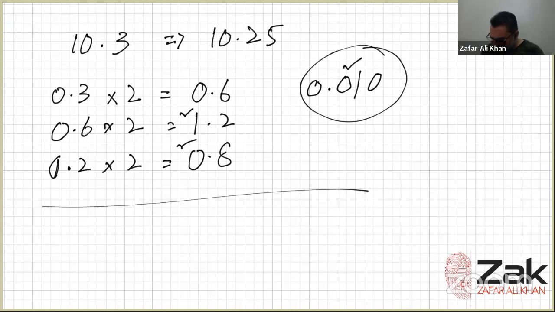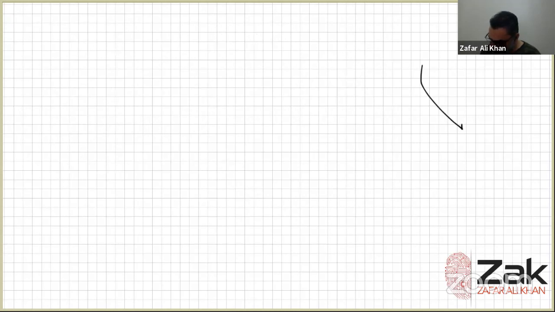So let's say if we have got 7.4. What we do, we will first pay attention to this 0.4.